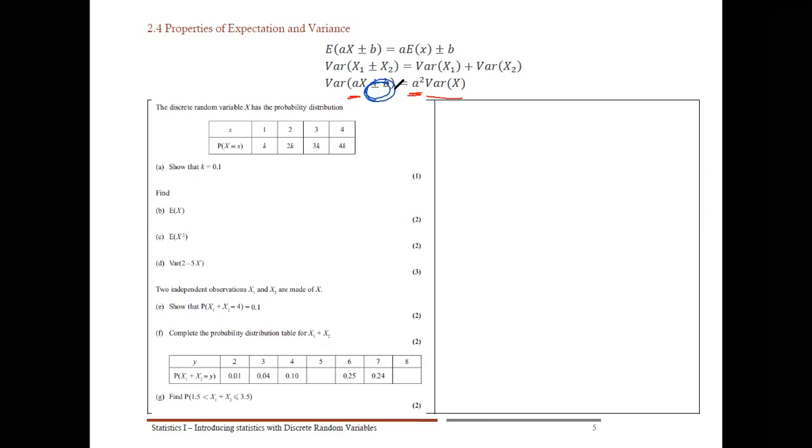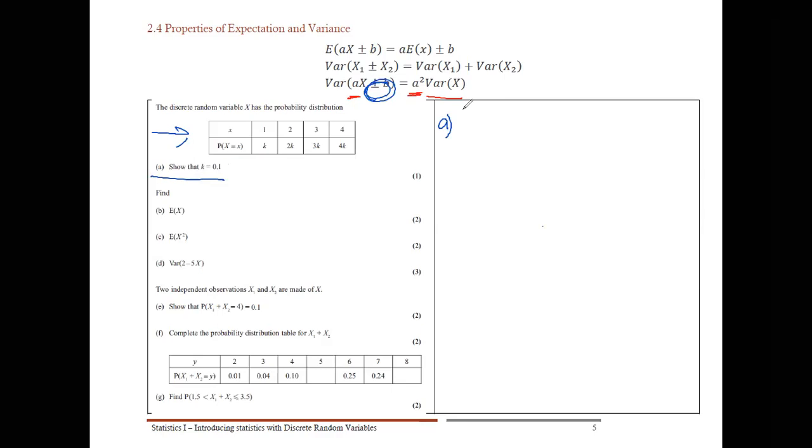Okay, good. So now we will come into the first practice question. We have a discrete random variable x given by this probability distribution table. Part A, show k equals 0.1. So what we are going to do here is very simple. We are just going to apply whatever we have learned.